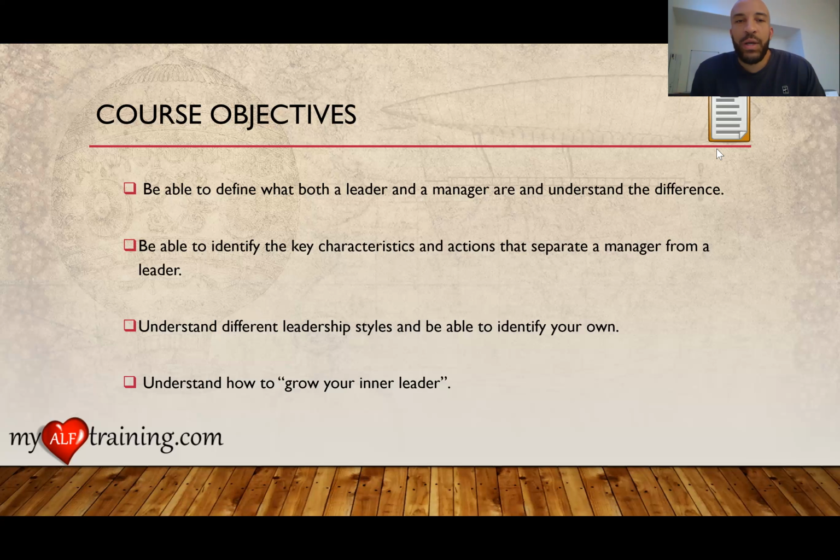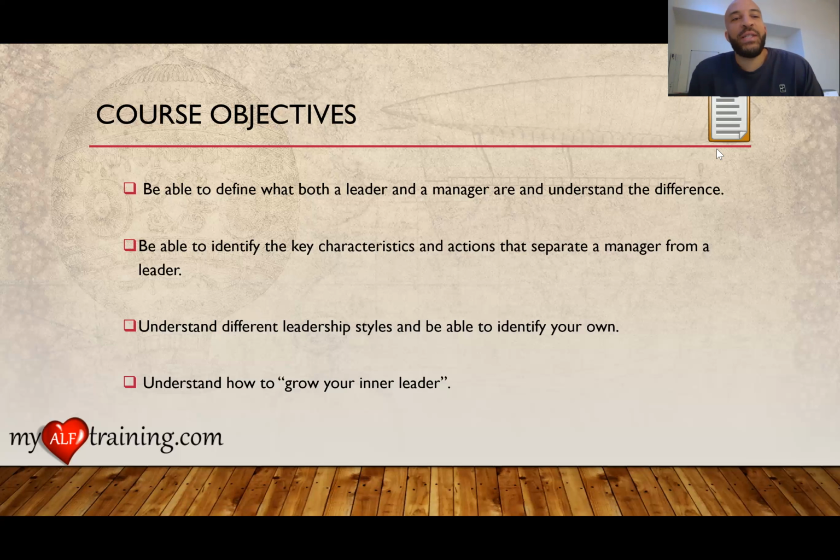So we're going to talk about what those differences are between the two and how you and I can become a leader if we aren't already one, and if we are an effective leader, specifically in healthcare.